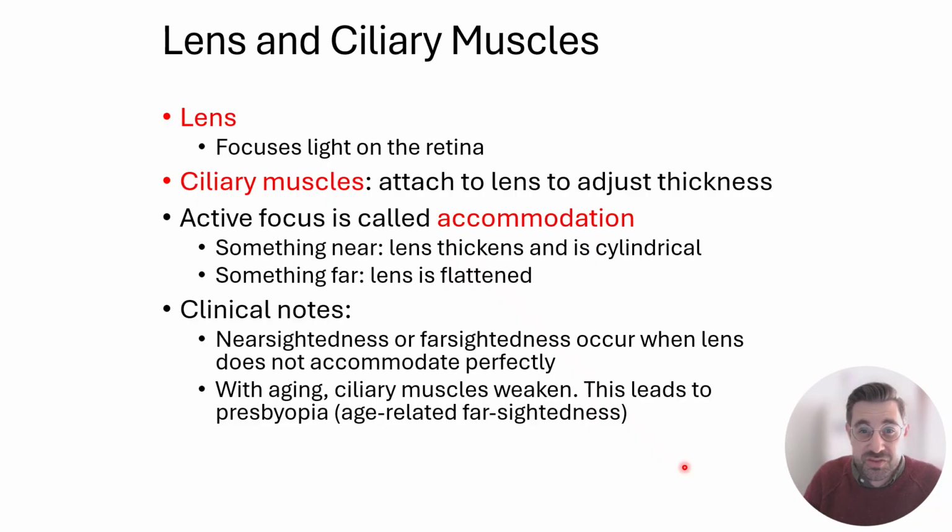Those muscles weaken just like any other muscles in your body. So we have a lens that's adjusted by the ciliary muscles to bend the light properly to the retina. That adjustment is called accommodation. Sometimes it doesn't always work properly, so we might need glasses. And sometimes this can decline with age, and that's called age-related farsightedness or presbyopia.